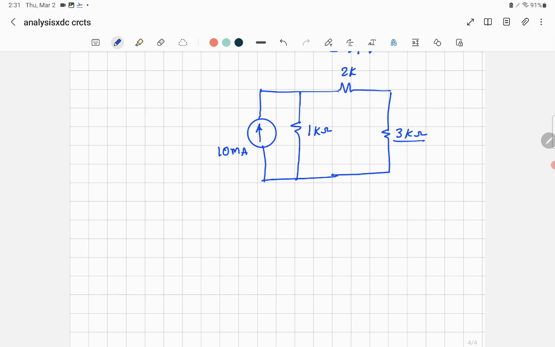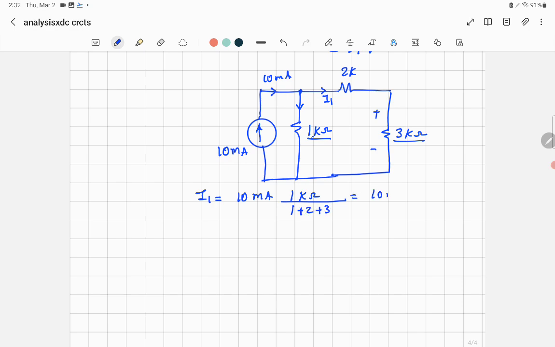To find the voltage across 3 kilo ohm, it's easy. You can use the current divider rule. You have 10 milliamp entering this node, so the current will be divided. I am interested in this current I1 because I want to find the voltage across 3 kilo ohm. So I1 is equal to the total current, 10 milliamp, multiplied by the opposite resistance, 1 kilo ohm, and divided by the sum of the resistances, 1 kilo ohm plus 2 plus 3.